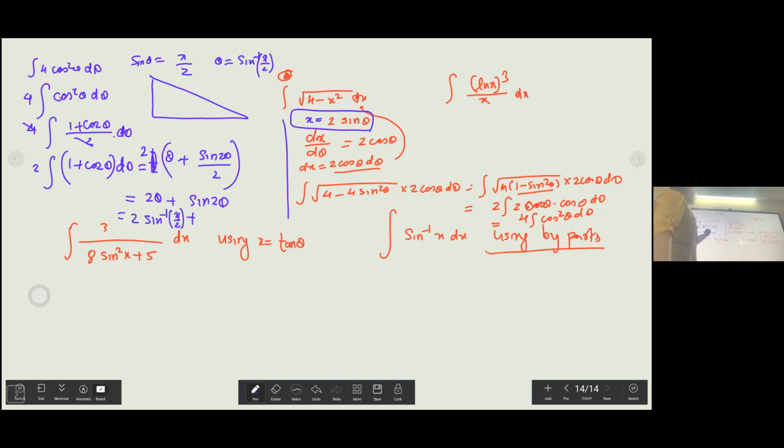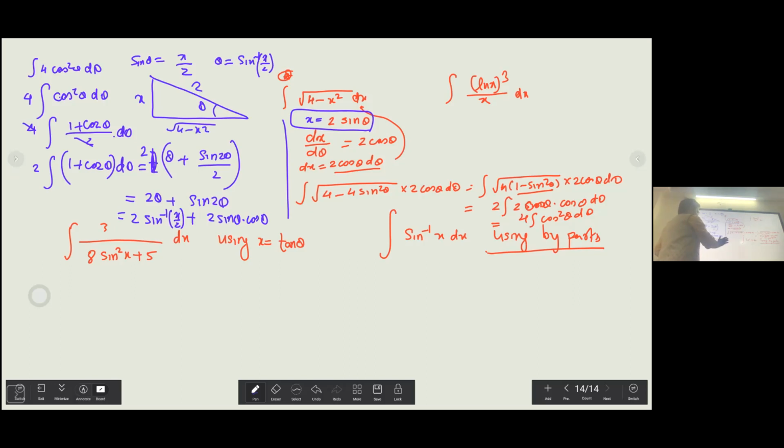And sine 2 theta can be written as 2 sine theta cos theta, using the double angle formula. Now here, in place of sine theta, I can put x and 2, because opposite is x and hypotenuse is 2. So this part will become root of 4 minus x square.